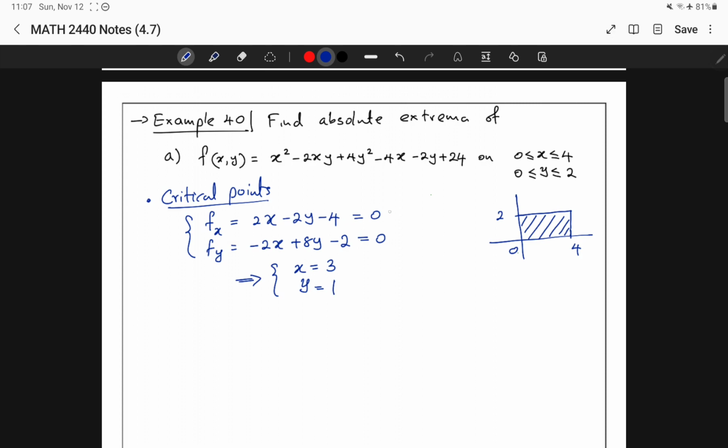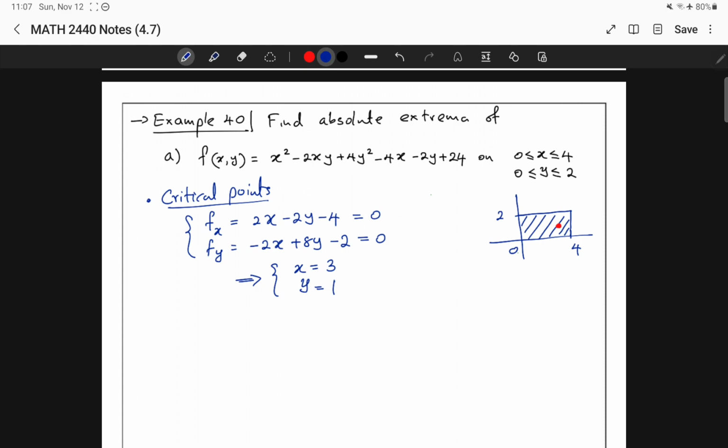So solve these 2 systems of linear equations and you should get a single unique solution, x equals 3 and y equals 1. So the critical point is (3, 1), and actually you need to check whether it is in the region we are interested in. Yes, (3, 1) is somewhere here. So it is in the region.